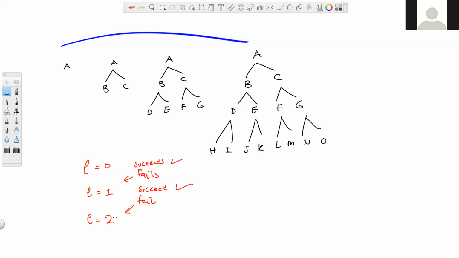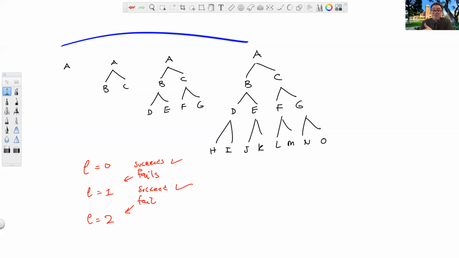This way, you're guaranteed the first time you have success, you're going to have an optimal solution. Why? Because if there was a shorter solution, you would have found that earlier. So that's basically the idea. You start the cutoff at 0, and then you start incrementing it until you reach success.